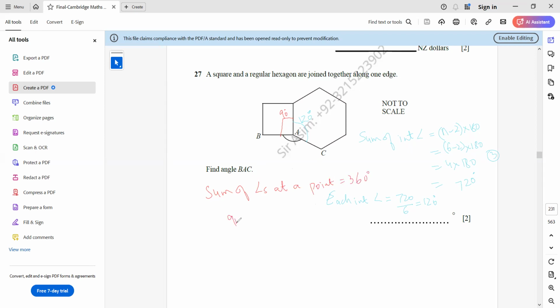So 90 plus 120 plus angle BAC should be 360. Adding them up, 210 plus angle BAC is 360. So angle BAC is equal to 360 minus 210, which is 150. So this is how you calculate angle BAC.